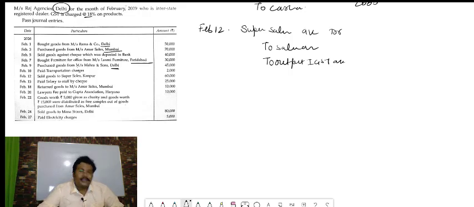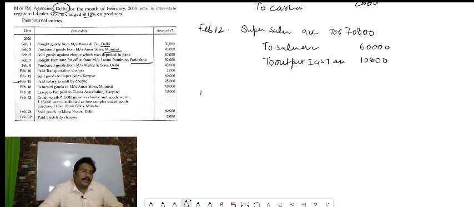It will be 60,000 rupees for sales account. 18% of 60,000 will be how much? 10,800 rupees. Now total will be how much? 70,800.